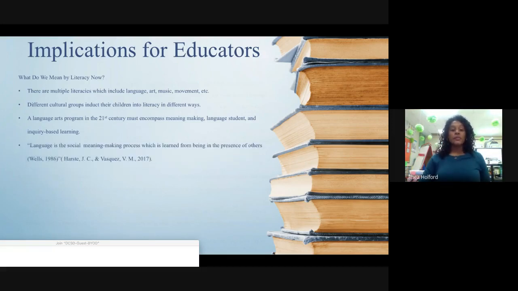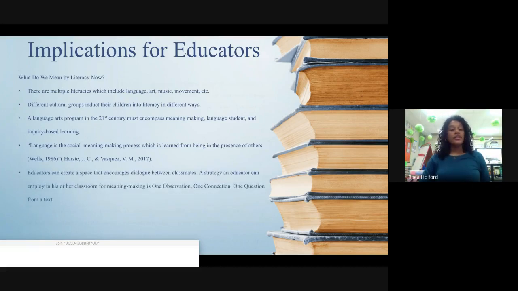Language is a social meaning making process which is learned from being in the presence of others. Educators can create a space that encourages dialogue between classmates. A strategy an educator can employ in his or her classroom for meaning making is one observation, one connection, one question from a text.